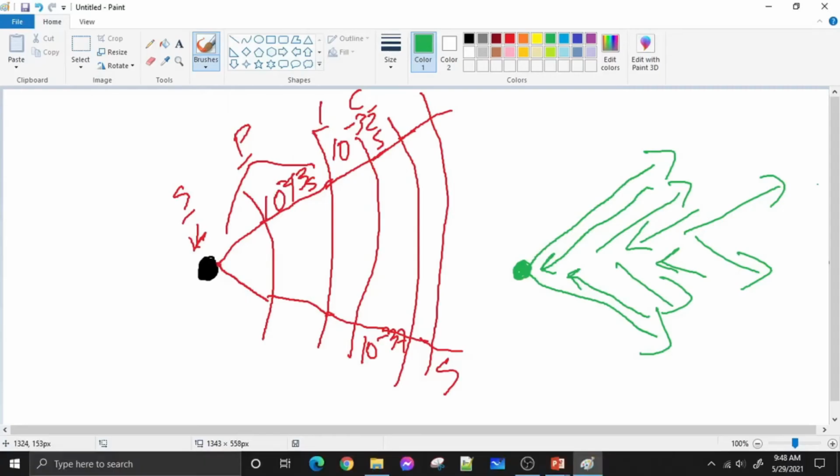So the problem is the scientific world could not calculate that there is a much greater force that will hold the expansion rate of the Big Bang.